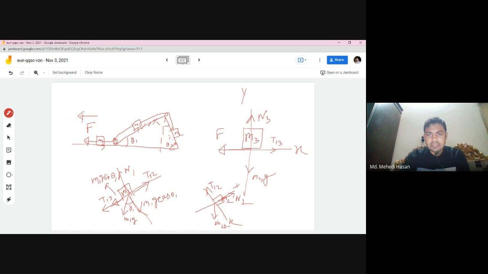So if this angle is theta 2, then this angle will be theta 2. Okay, theta 2. Now along that direction is m2g cos theta 2, and along the x-axis is m2g sin theta 2. So this is the complete free body diagram for m1, m2, and m3.